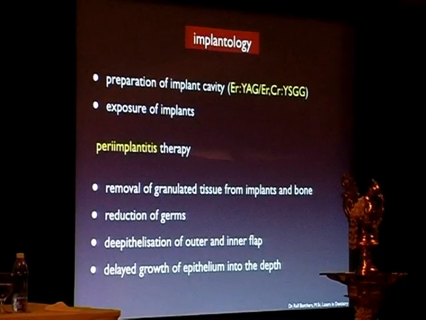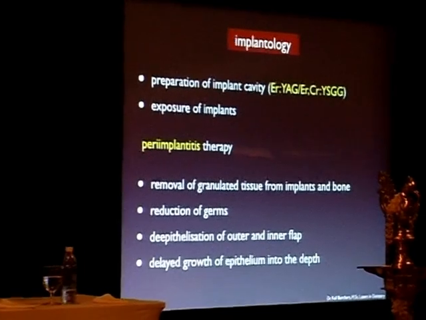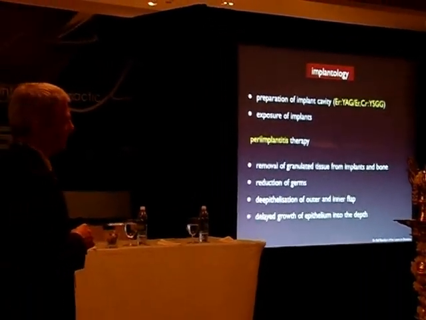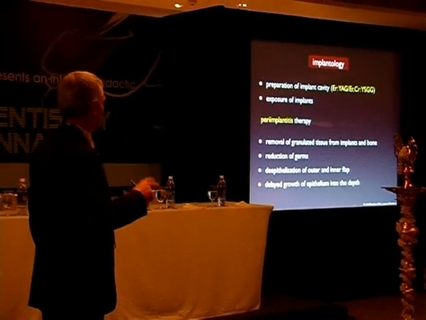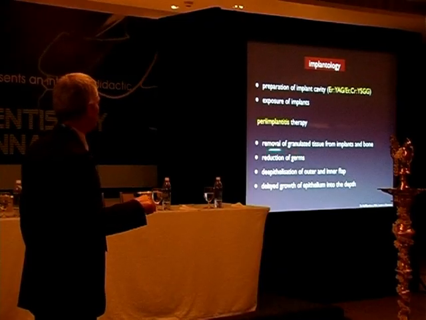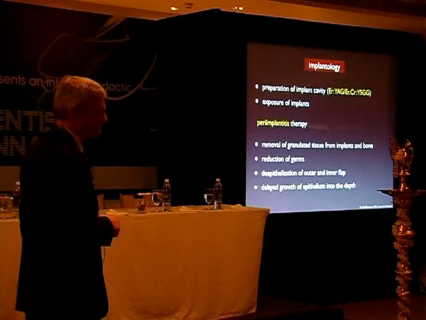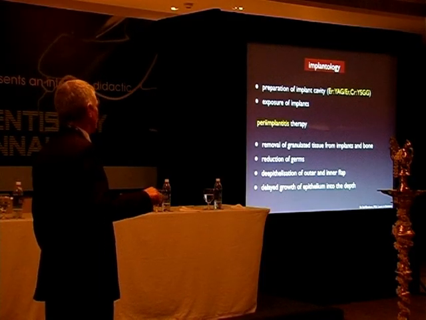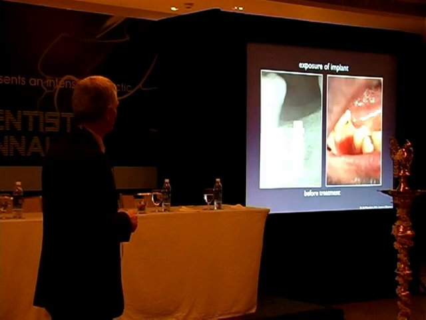You can remove granulated tissue from implants and bone, but with bone, you have to be very, very careful with diode lasers because you can cause a necrosis of the bone if you are going with your diode laser directly on the bone. You can reduce the germs and you can use it for the epithelialization of outer and inner flap, so as in periodontology. There is a delayed growth of epithelium into the depth if you do the epithelialization.